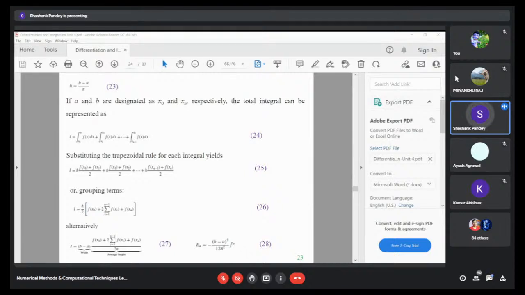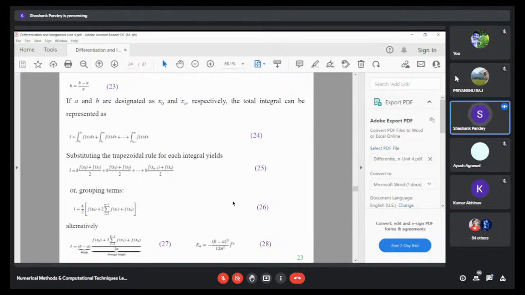The higher the value of n, the more accurate your answer will be, but the computation time will be more. Okay, so for your purpose, in exams you will only be asked for n is equal to say 2, or maximum up to n is equal to 3.